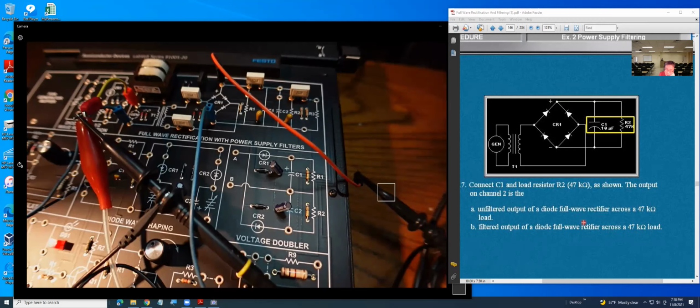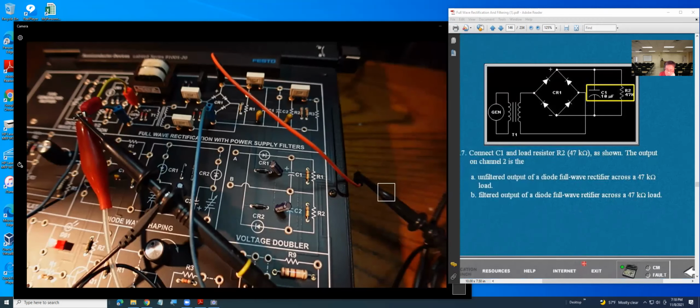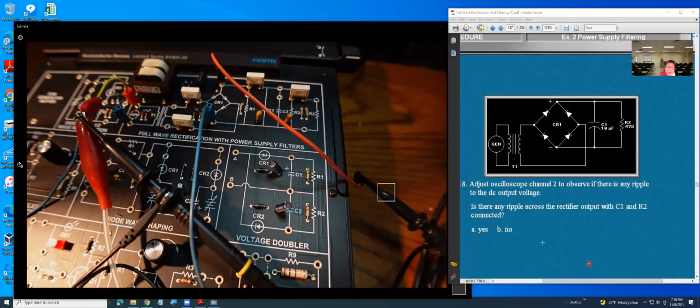That answer will be B. Adjust scope channel 2 to observe if there is any ripple on the DC output. Is there any ripple across the rectifier? So now, let's see, on the output of the rectifier.